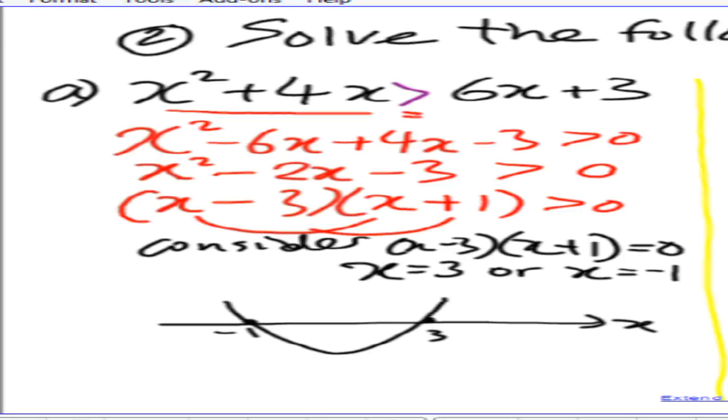And I want my answer to be larger than 0. So here's the answer, the part that is above the x-axis. So you can see now the x value must be less than negative 1, or x value must be larger than 3. In this case, it's an open circle here, right? It's not including the roots, larger than.